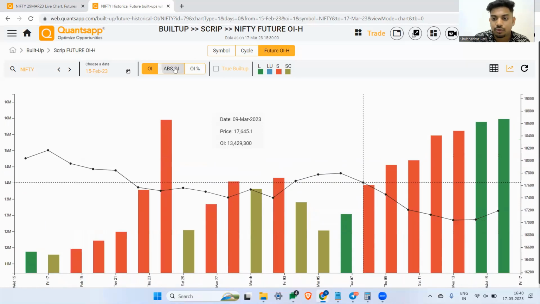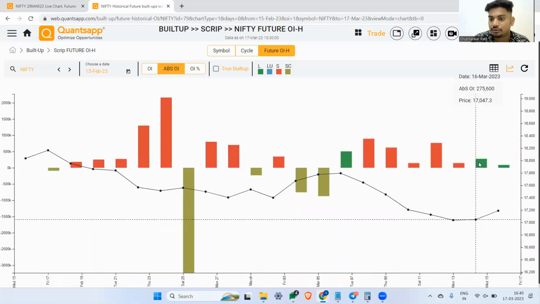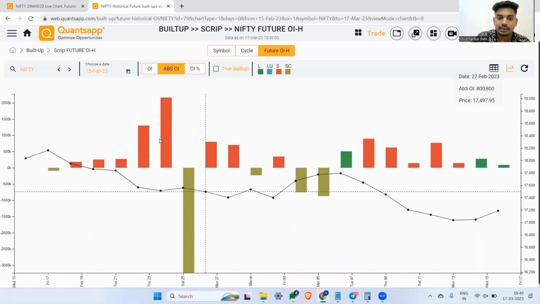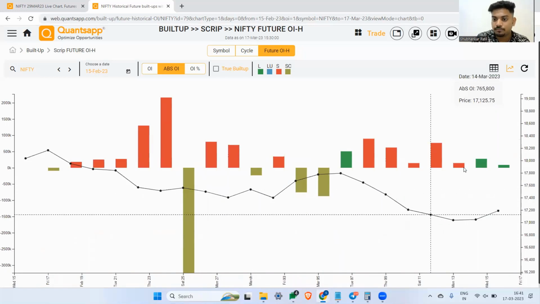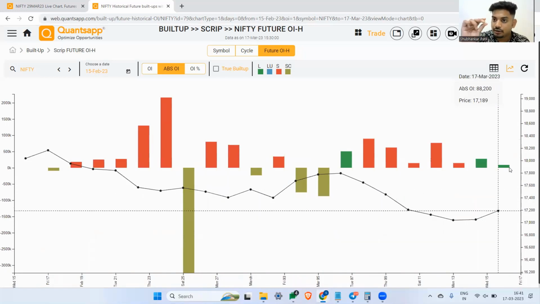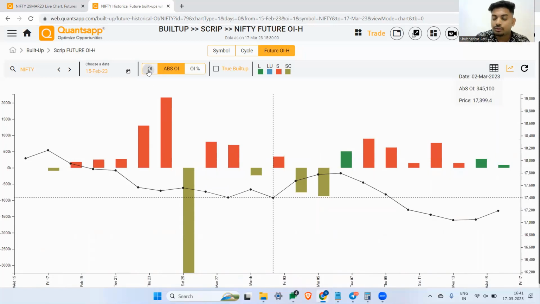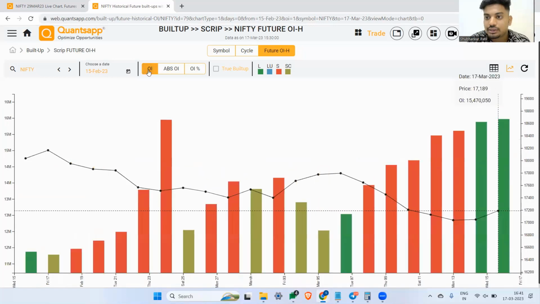But if you just check the quantum, the shorts which are getting accumulated are of significant quantum; longs which are getting accumulated are of very small quantum. So this is how, looking at the historical build-ups, you can easily identify such moves which are in the making. Two mantras: green and blue for positivity, red and yellow for negativity.